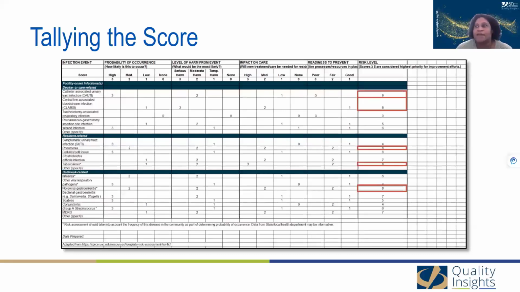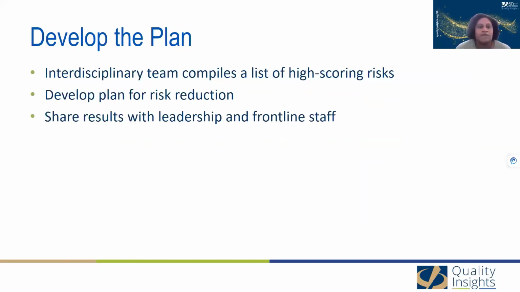Risks that have been identified as 8 or more are considered a high priority and should be on your list for your infection control plan to address. Once you're done with ranking your risk assessment, you're going to develop your infection control plan.